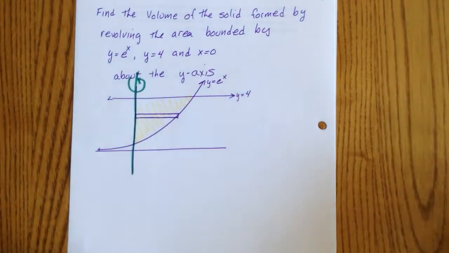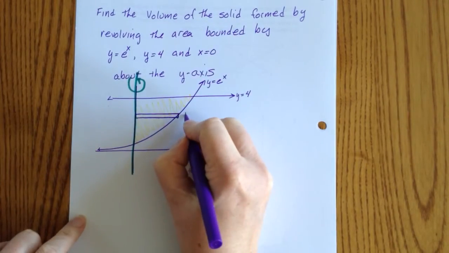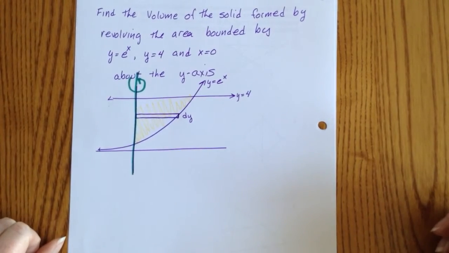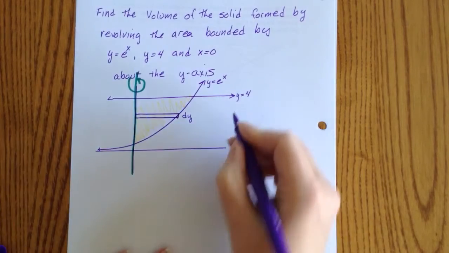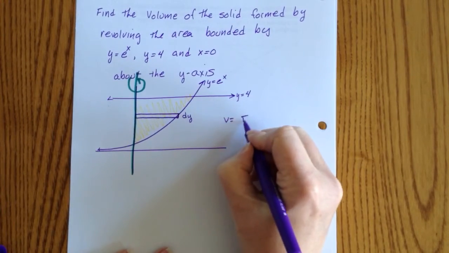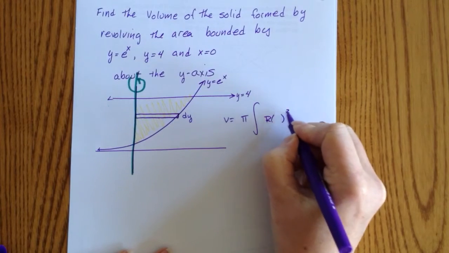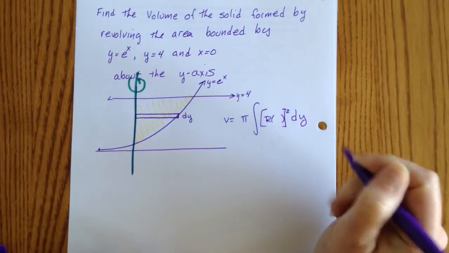The small change here is not a horizontal change, it's uppy-downy. It's with respect to y. Now, the good news is our volume is still going to be found by integrating a radius squared, but this time with respect to y.